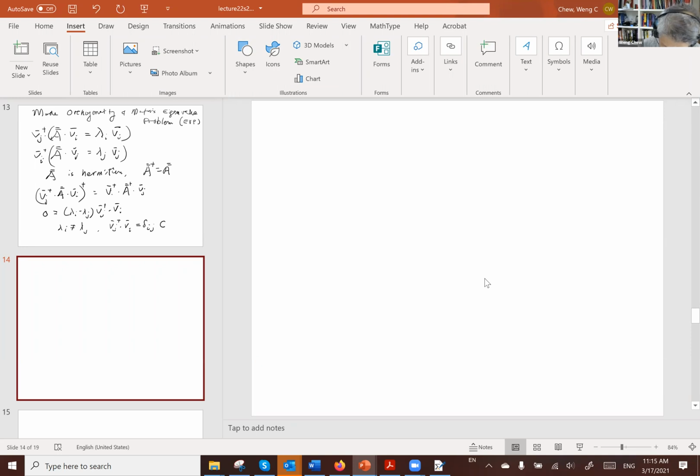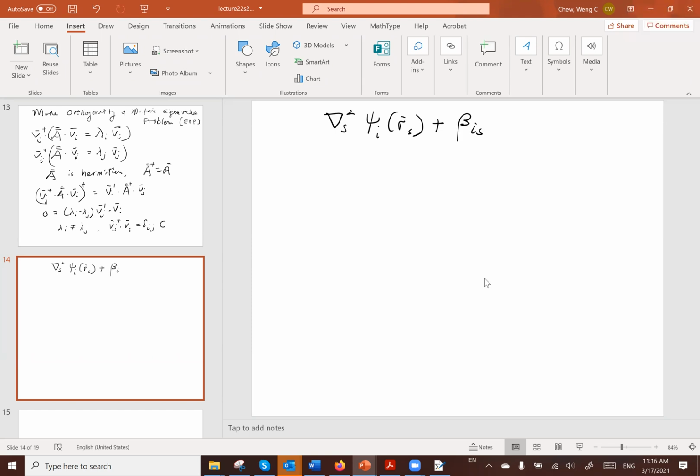I can start with looking at the waveguide problem first. For the waveguide problem, we have a reduced wave equation that we solve, and that reduced wave equation looks something like this. And we say that this is the eigenvalue.